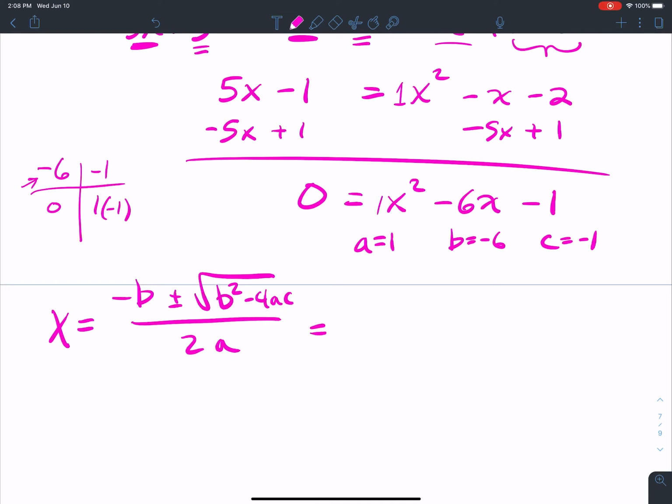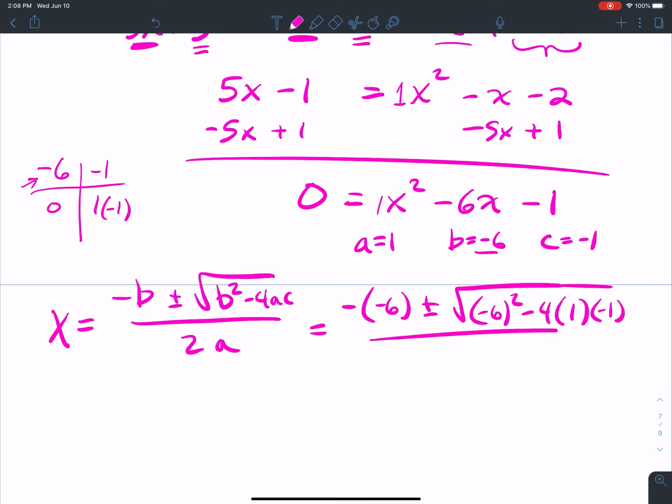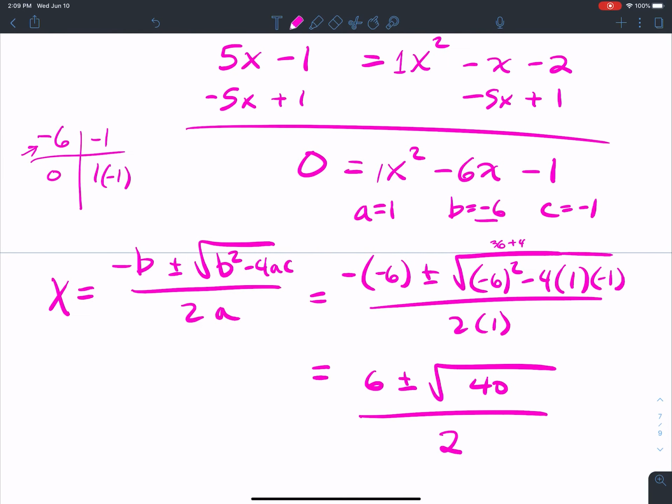So I use my parentheses: negative, and then b is negative 6, plus or minus square root of negative 6 squared minus 4 times a times c, over 2a. So this will simplify: negative negative makes a positive, and negative 6 squared is 36, and then minus and minus makes a plus 4, so that's 40 in the radical over 2.